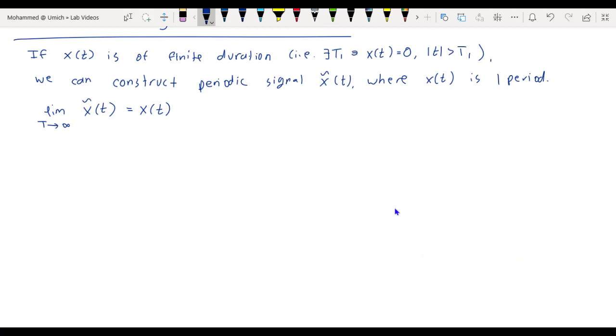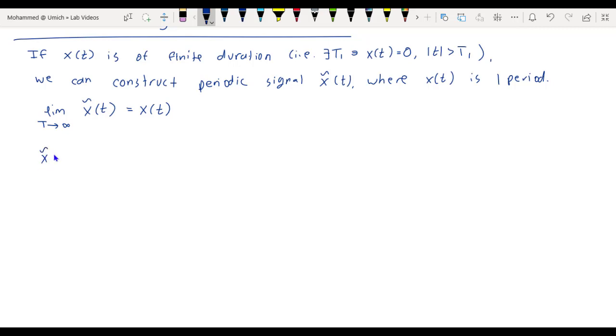I'm going to write expressions for the complex exponential Fourier series representation of x tilde of t, and then the Fourier series coefficient Cn. But keep in mind that x of t is a non-periodic signal of finite duration, and x tilde of t is simply a periodic signal where x of t is one period.